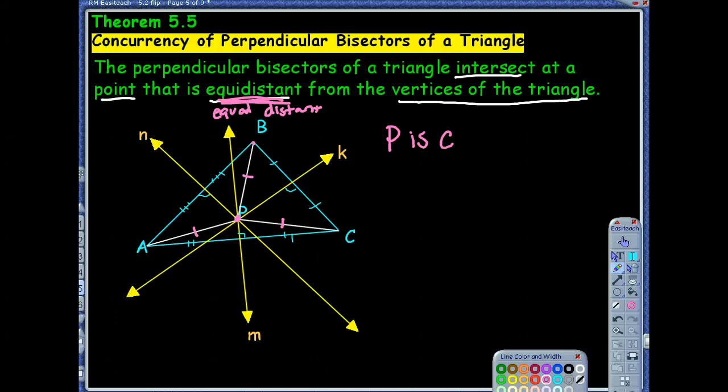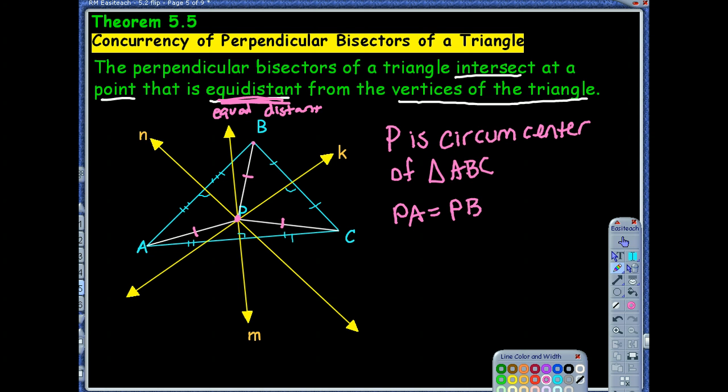Sorry, I had mentioned that and then I got ahead. So P is the circumcenter of that triangle, which basically means that the distance from P to A is equal to P to B, and so on, and then PC. So as long as you know you've got the circumcenter, if they use that vocabulary word, we know exactly what that tells us.